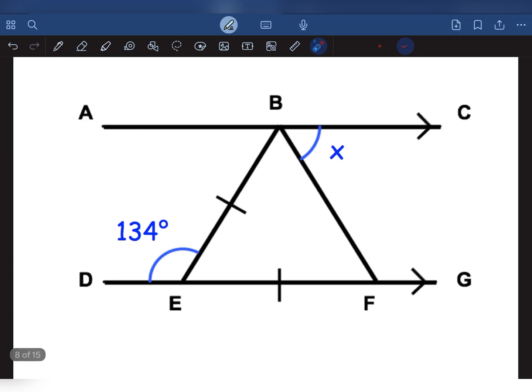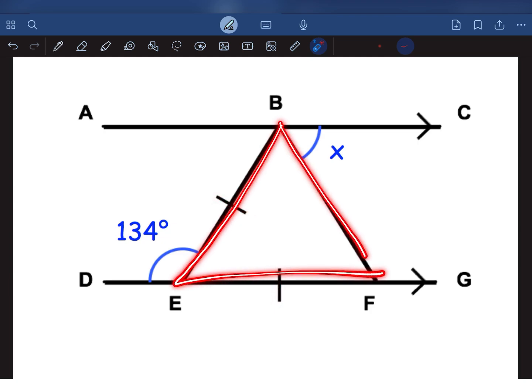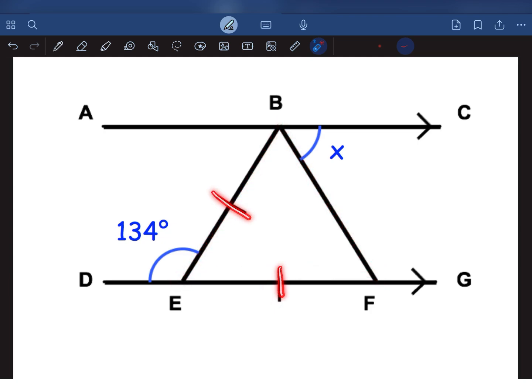Okay, so we can solve it like this. As you can see, these are the parallel lines and these are the transversal lines. Moreover, these two lines are equal. That means it is an isosceles triangle. So if these two lines are equal, these two angles are also equal. We have this angle 134, and this angle will be 180 minus 134. Why?